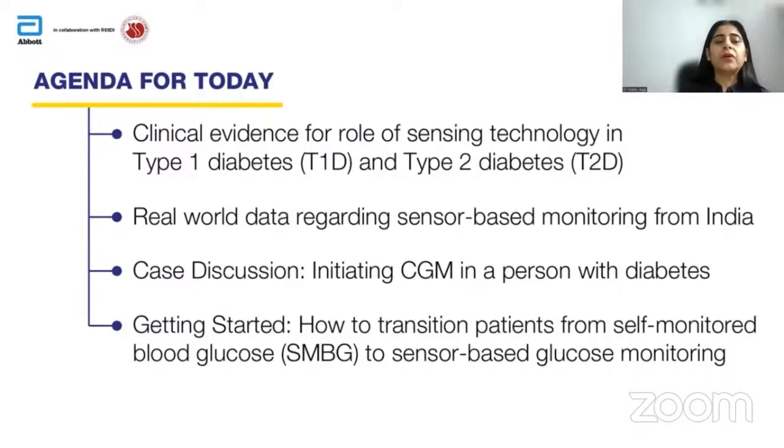We'll talk about the real world data regarding sensor-based monitoring coming from India, which is very, very relevant to the kind of patients that you and I see. We will also have a small case discussion on how we can initiate CGM in a person with diabetes. And I'll finish by telling you how to transition patients from SMBG to sensor-based glucose monitoring.